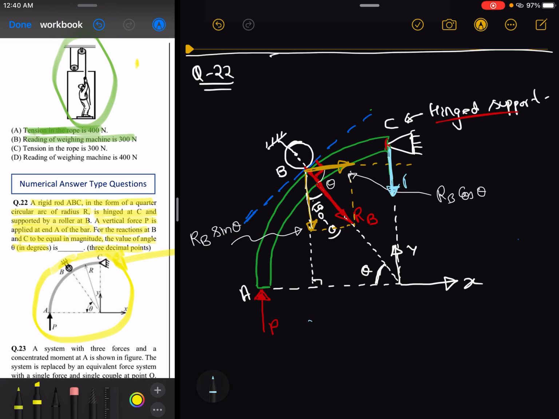So this is the RCY, which means that the reaction at the point C applied by the support in the y direction, this is RCY, and a horizontal reaction I am supposing to be here like this. So this is nothing but RCX, clear? RCX.